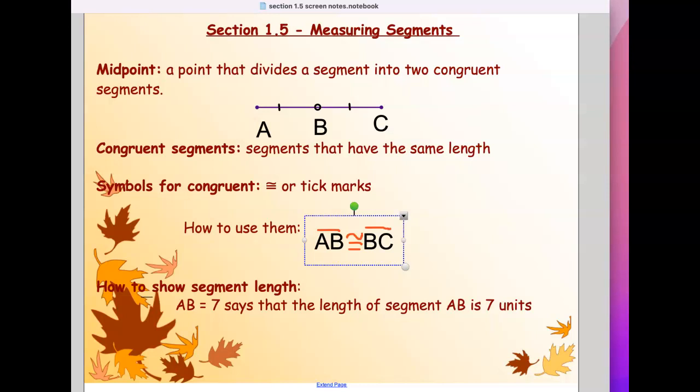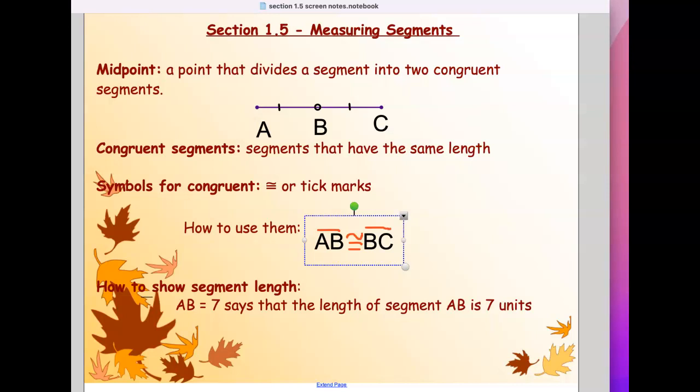If you're going to talk about length, for example, if I say that AB is 7 units long here, then notice I don't put the segment symbol over the top, okay? If I put the segment symbol over the top, I'm talking about the figure itself.